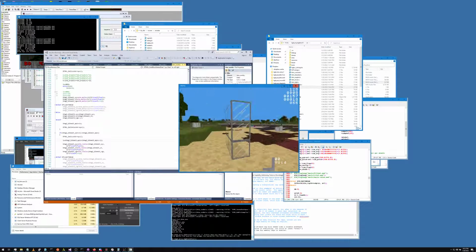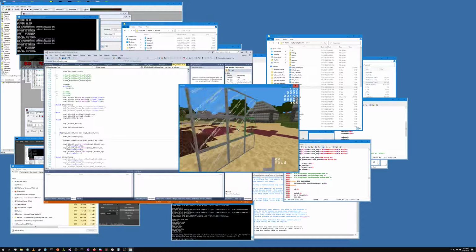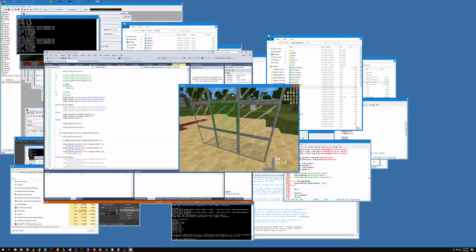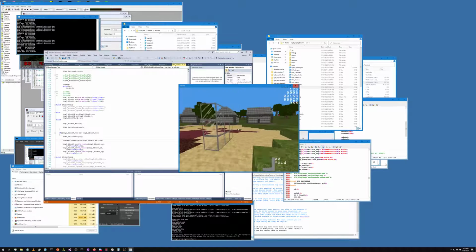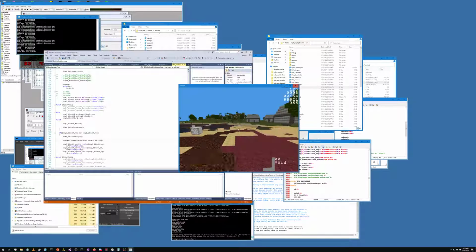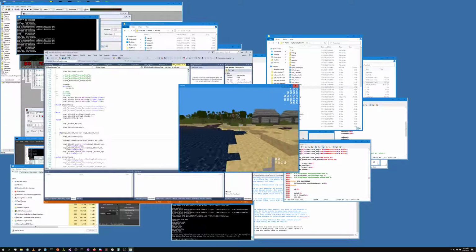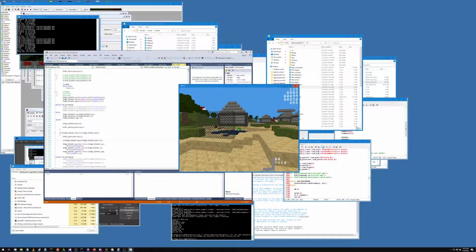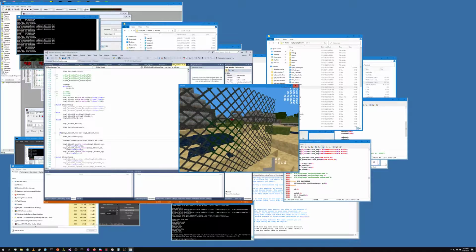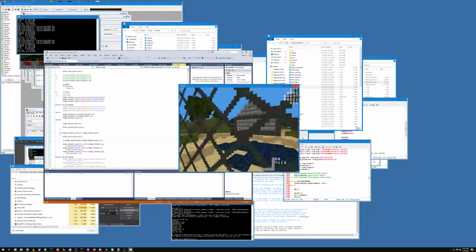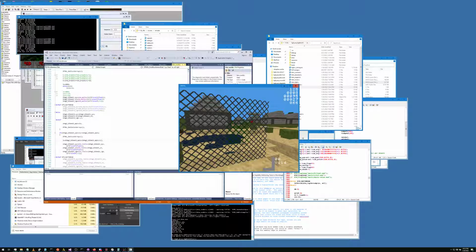So, as can be noted, I had worked some on making the glass blocks work a little bit nicer, and also this chain link fence block, which can be inferred is meant to sort of resemble chain link fence.